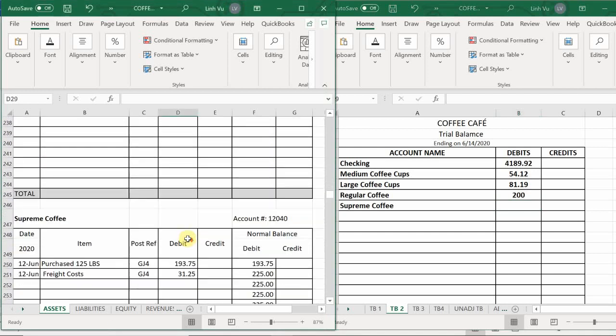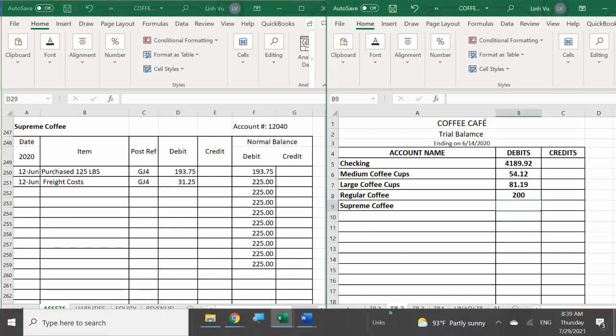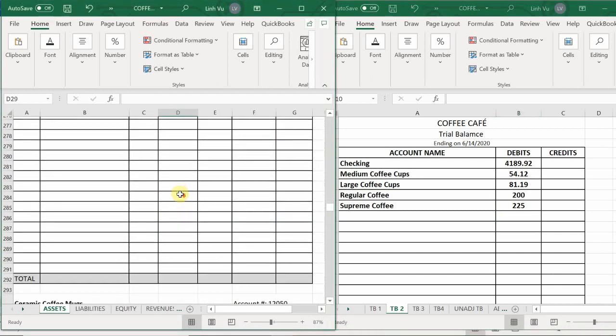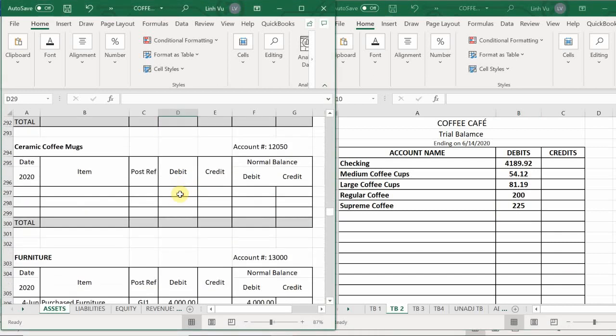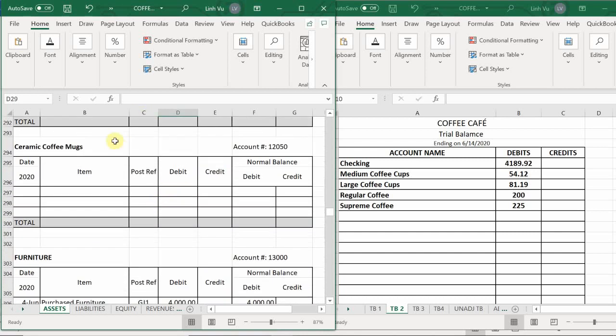And then my Supreme coffee, $225. We don't have any ceramic coffee mugs yet. Remember, we don't transfer into inventory until the end of the period.